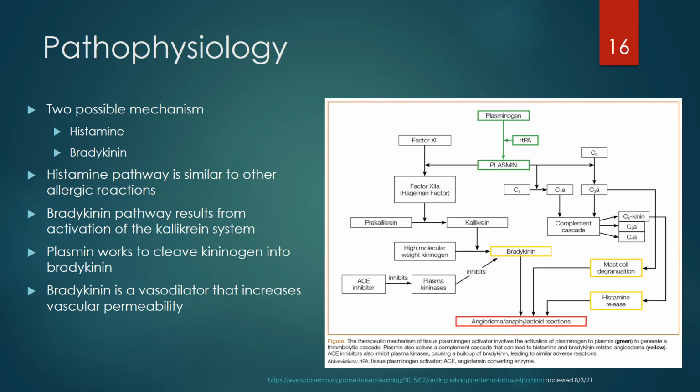And the reason why ACE inhibitors can be problematic is because ACE inhibitors inhibit these plasma kinases, and these plasma kinases inhibit bradykinin. So if you don't have these plasma kinases inhibiting your bradykinin, you get an increase of bradykinin, which can lead you to this reaction. And you know, bradykinin is a vasodilator that can increase this vascular permeability.